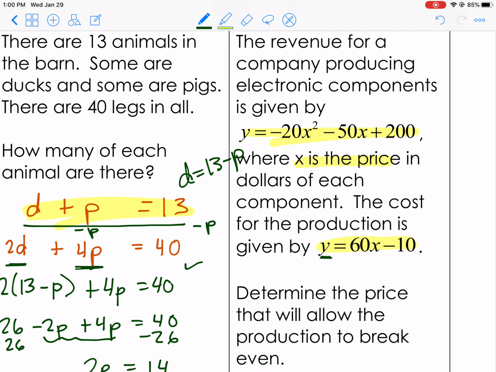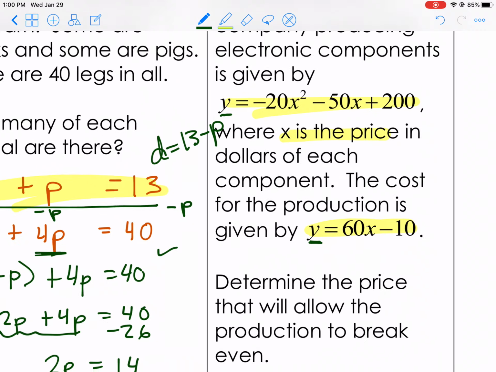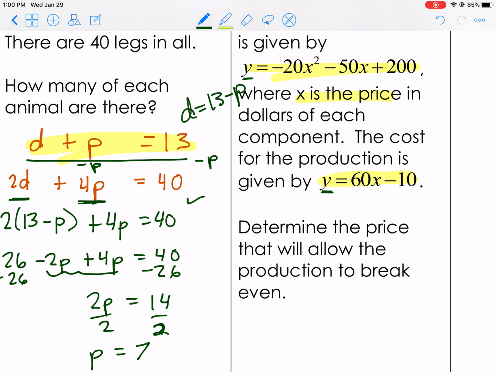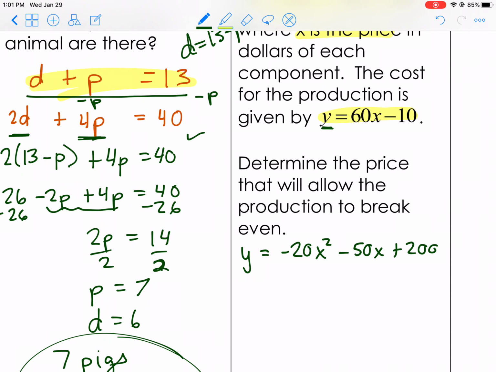Because this is solved for y and this is solved for y, we could just use elimination. That's what I'll try this time. So I have to write it in such a way that I can see that. Negative 20x squared minus 50x plus 200. And we also have y equals 60x minus 10.